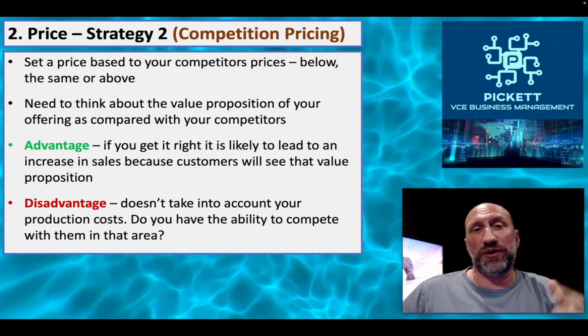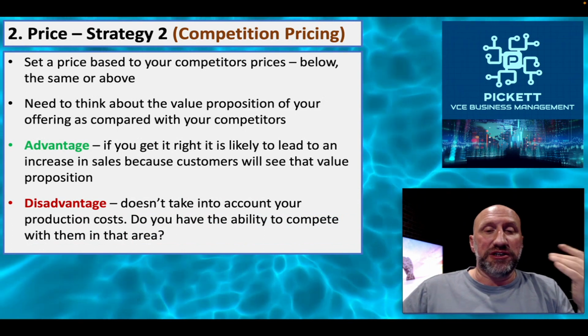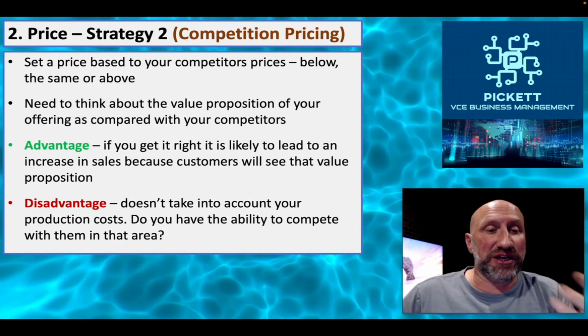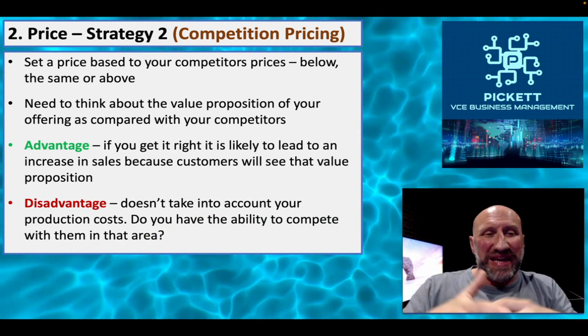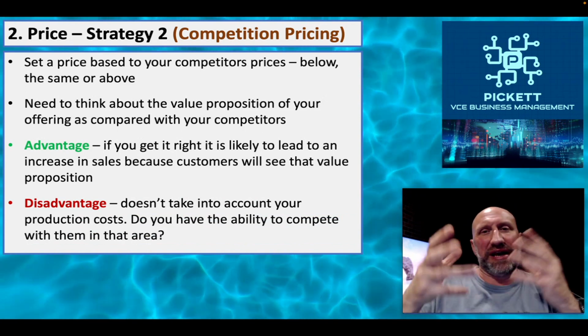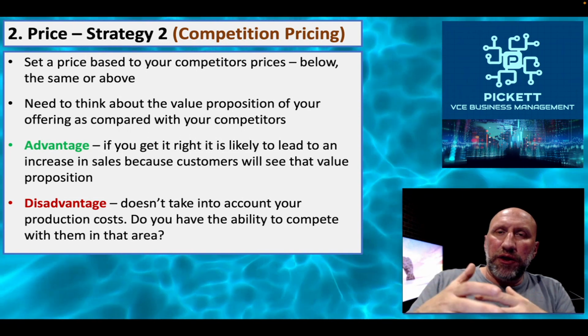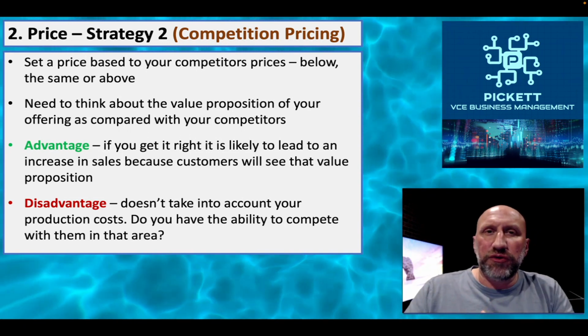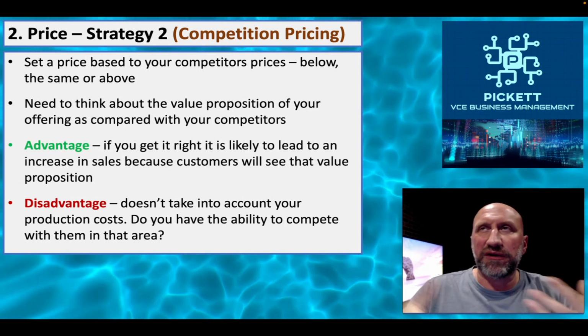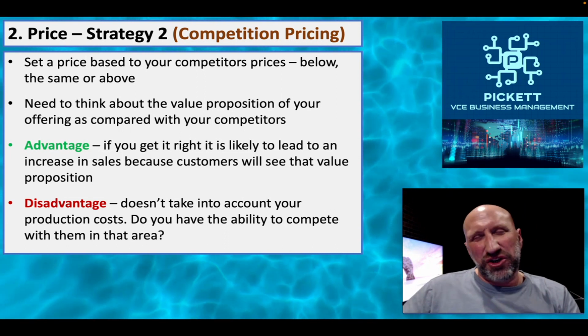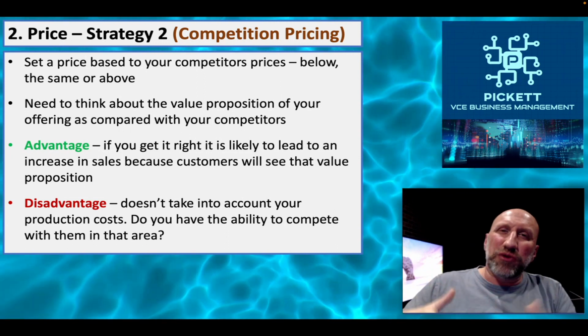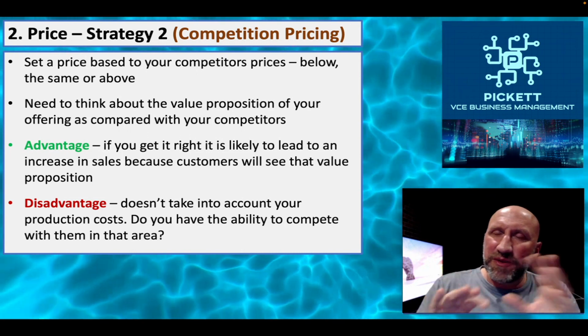The disadvantage, which is like flipping strategy 1, cost plus pricing, around, is that this one doesn't take into account your production costs. So do you have the ability to compete in that area? You might have a really good competitor who has a slightly better offering than you, and they're, say, $15 per unit. You go, I can't charge the same as them because what we're offering is not as good, but $12 seems about right.